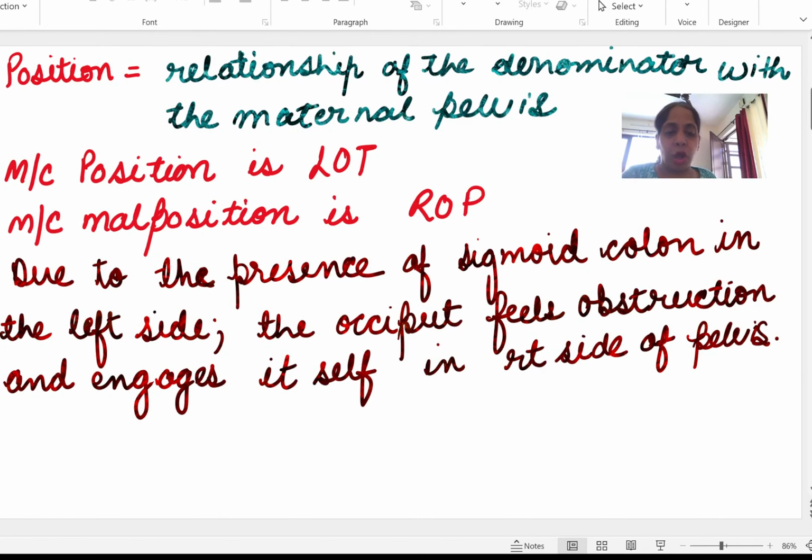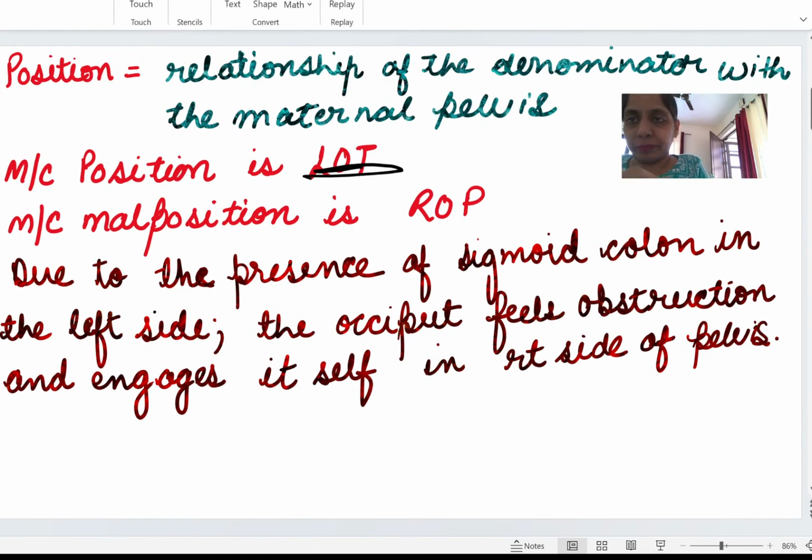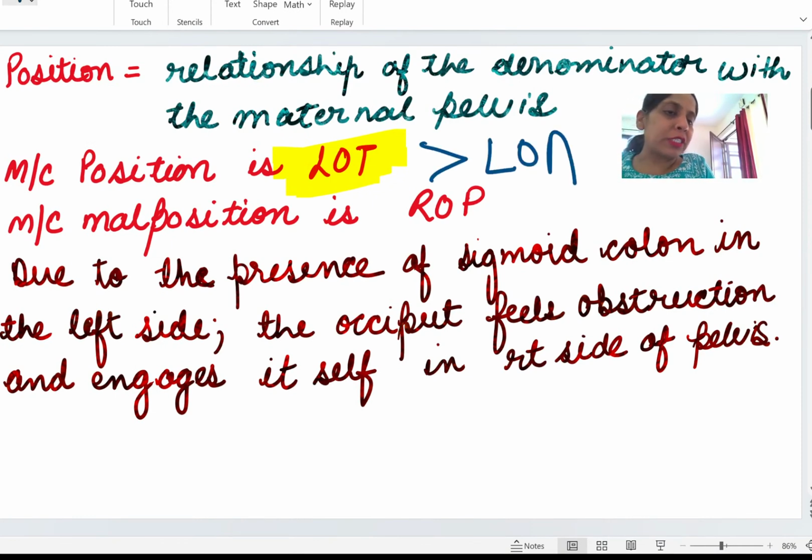So the most common position is left occiput transverse. The second most common position is left occiput anterior. The most common malposition is right occipito posterior.